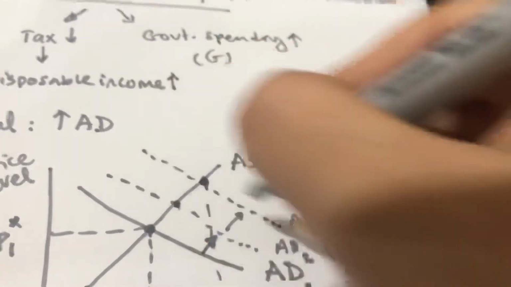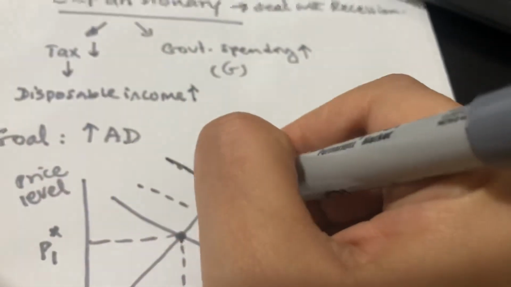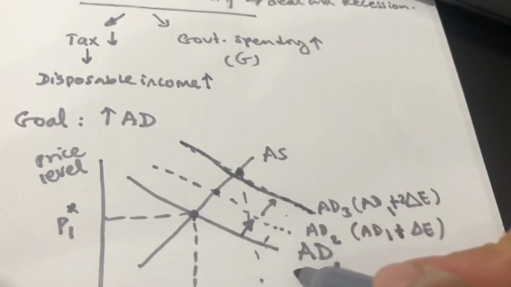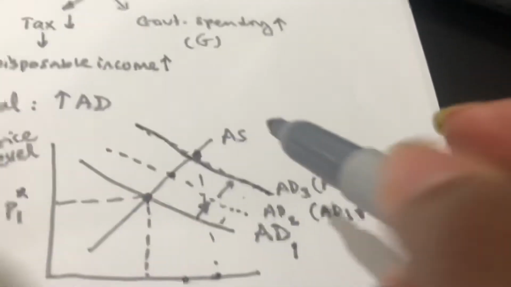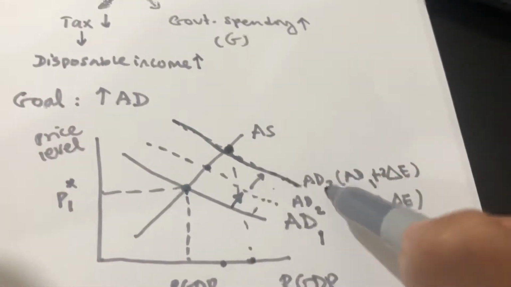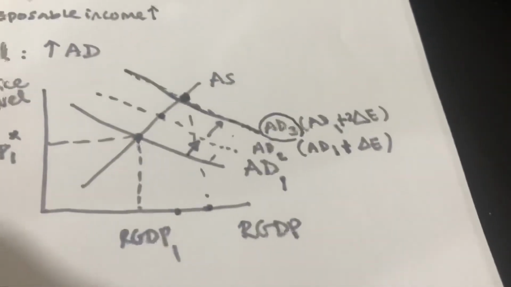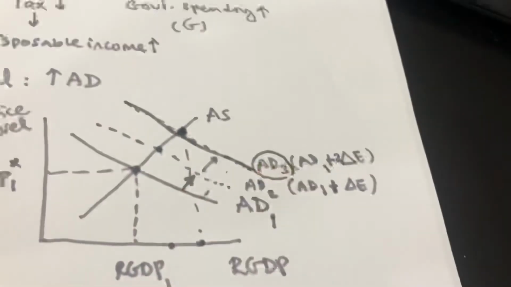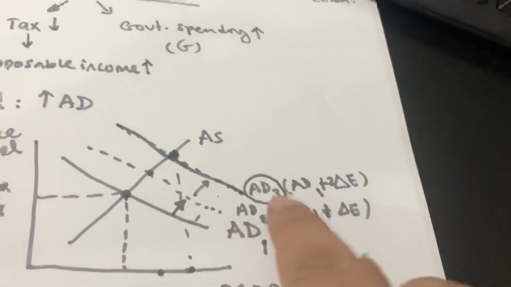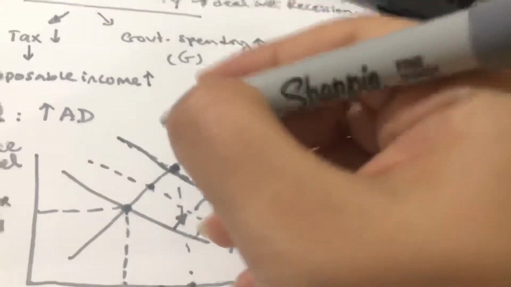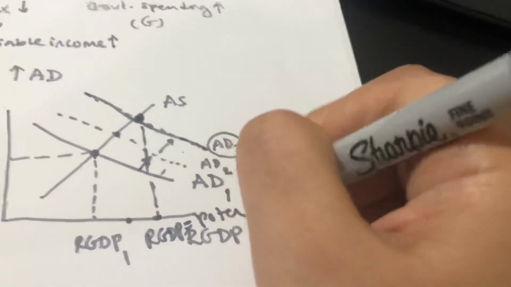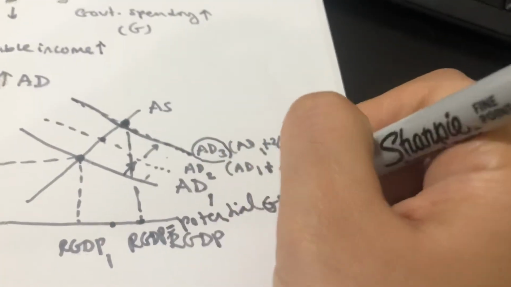So let's say if I increase the aggregate demand twice, of course we have so many shifts in aggregate demand in between AD1, AD2, and AD3, okay? But let's say AD3 is our ideal aggregate demand. So if we change the aggregate demand by this much, and we are at aggregate demand number 3, our real GDP will be equal to our potential GDP.